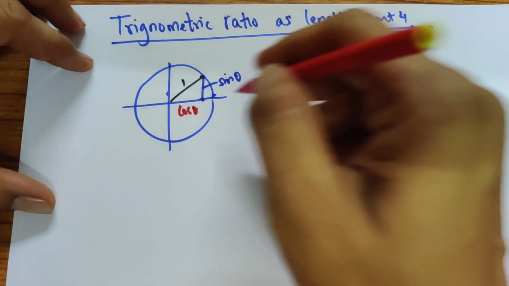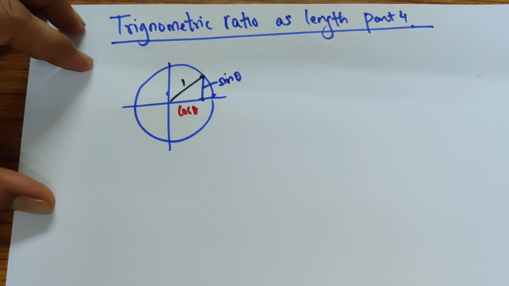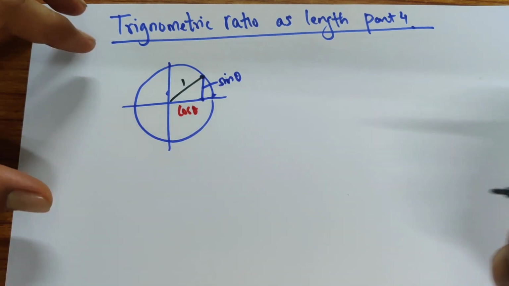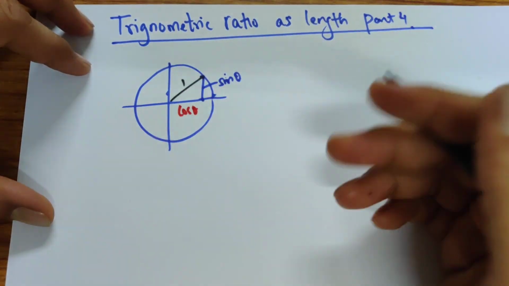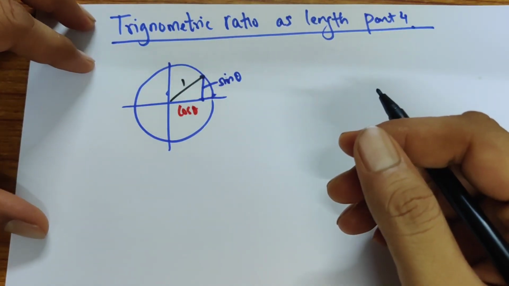And then if you draw a vertical line and so on, you can get tan theta and secant theta and cot theta and cosecant theta, but they are all similar triangles, and that's one way of looking at it and how we could have got it.